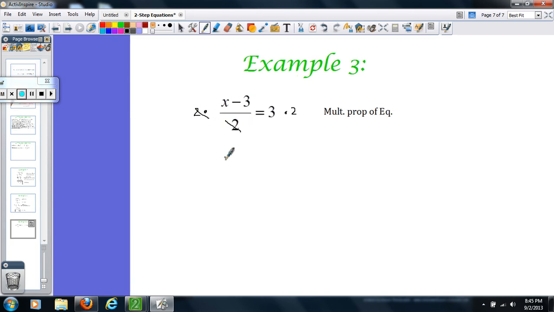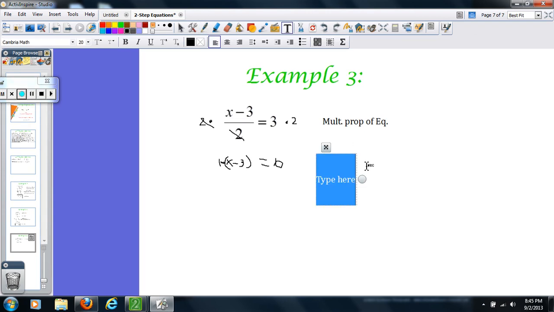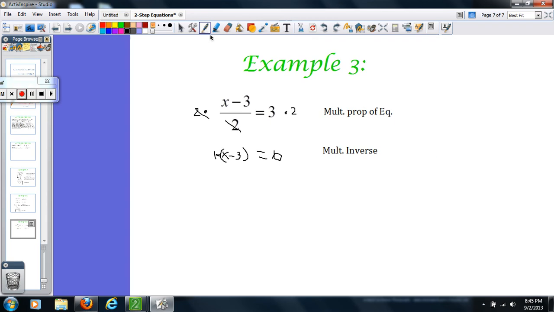The 2 and the 2 will give me 1, and this is 1 times x minus 3 equals 6. And that again should be our multiplicative inverse. And then from here, 1 times anything is just what you have.